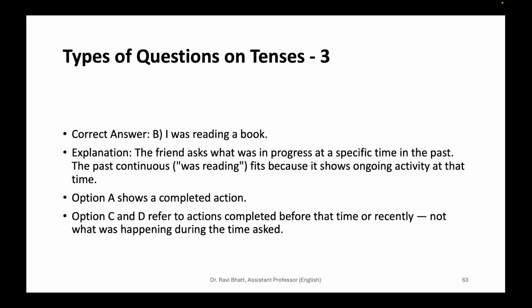So the correct answer would be I was reading a book. Option A shows a completed action, whereas options C and D refer to actions completed before that time or recently, not what was happening during the time referred to by your friend. So, I was reading a book.